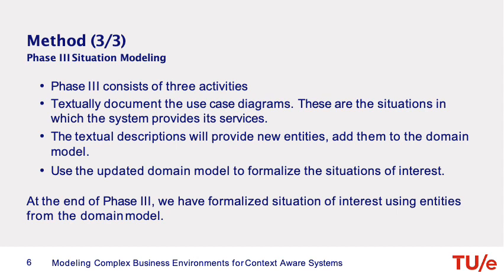This activity will provide new entities which are then added to the domain model. The last activity of phase 3 is to use the entities from the domain model and formalize the situations of interest. Examples of formalizing the situations include situation modeling, pseudocode, or other similar modeling approaches.